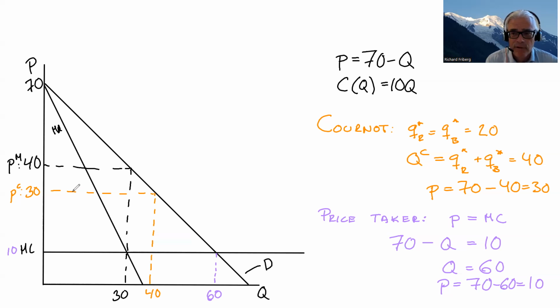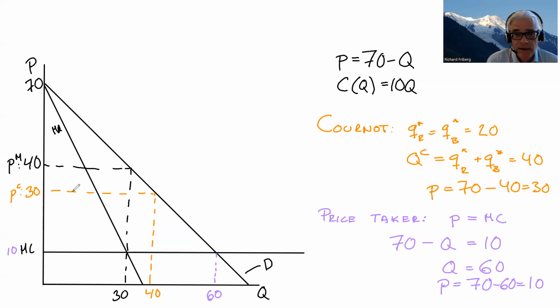Just as the monopoly balances the incentives, the more it produces the more it sells, but the drawback is that it's driving down prices, and the balance of those two effects gives the monopoly quantity. The same logic is true for the Cournot firm, but the difference now is that if it holds back quantities to hold price up, the competitor is going to step in and reap some of those gains. So the incentive for an individual Cournot firm to hold back quantity is lower than for a monopoly, but the incentives are still there, and that's why we see a Cournot price between the monopoly and the perfectly competitive price.